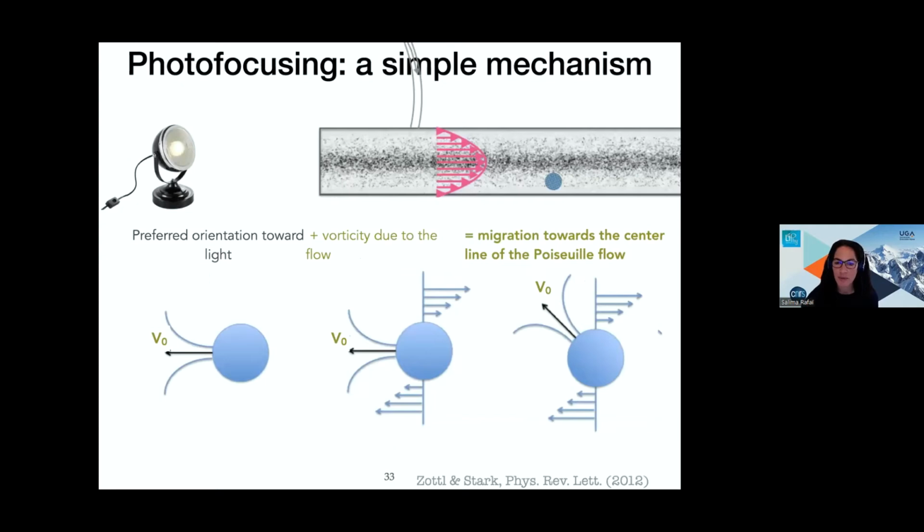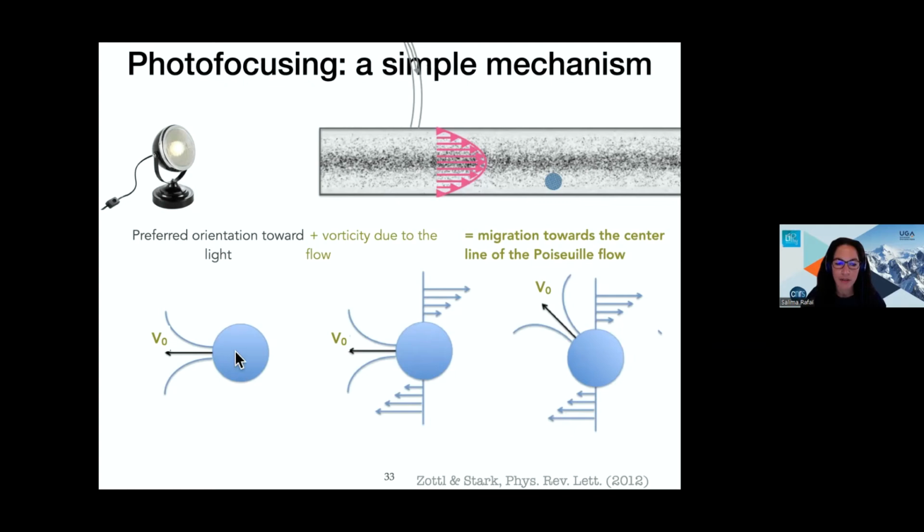So in our experiment here, the mechanism is very simple. If you consider a particle that is sitting, let's say, in the bottom half of the pipe, this particle has a preferred orientation toward the light, so here to the left, let's say.